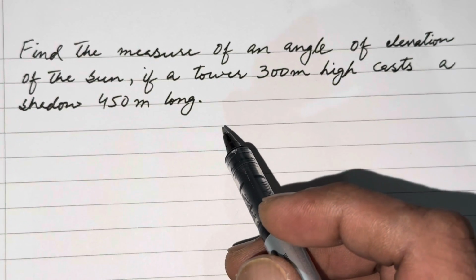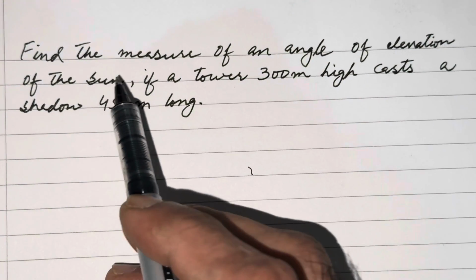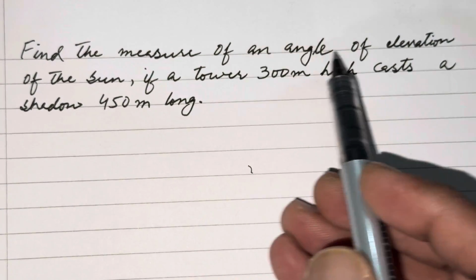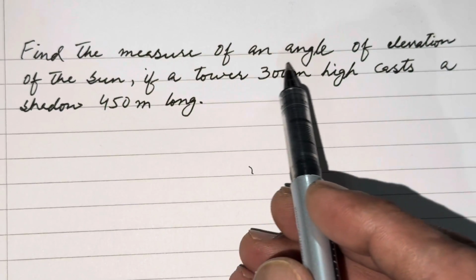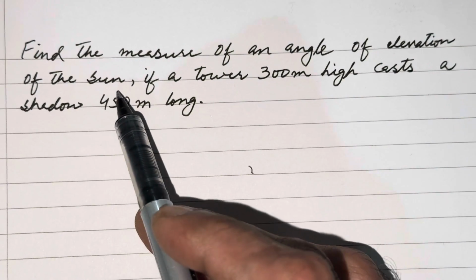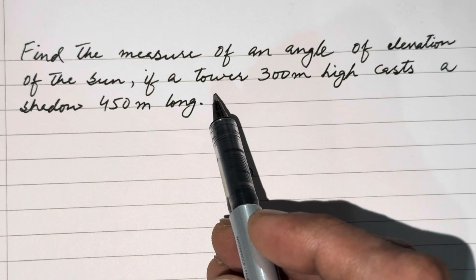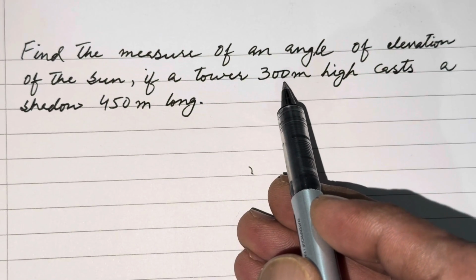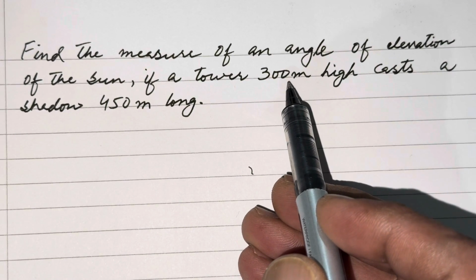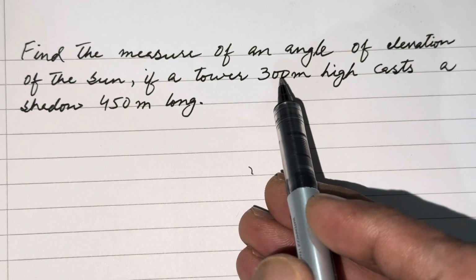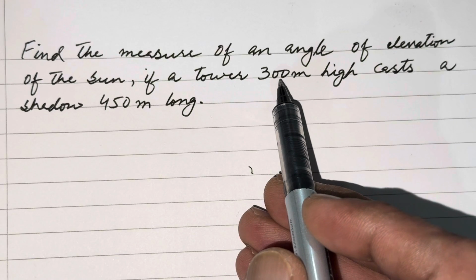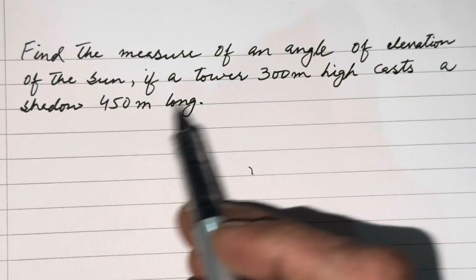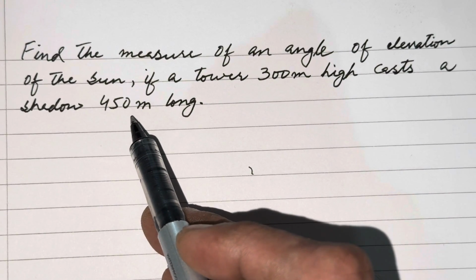In the first part of the question, we have to find the measure of the angle of elevation of the sun. The given things are the height of the tower, which is 300 meters, and the shadow which the tower is making on the ground, which is 450 meters.